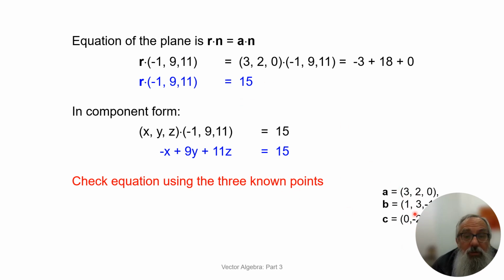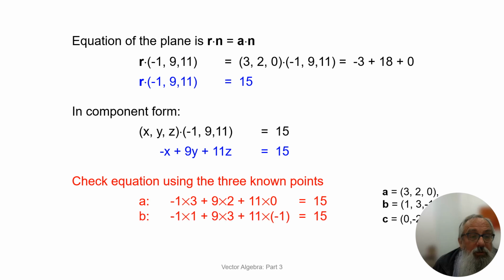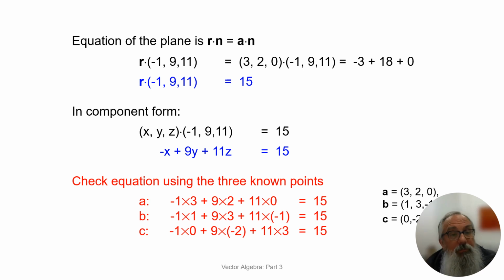We put x, y, z for either A, B and C. So for A, it comes out to 15. For B, we're putting in 1, 3 and minus 1, that comes out to 15, and for C we put 0, minus 2, 3, and that comes out to 15. So a little check there you can do when you're working out the equation of a plane.